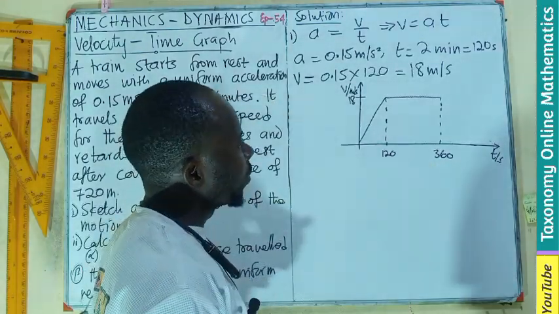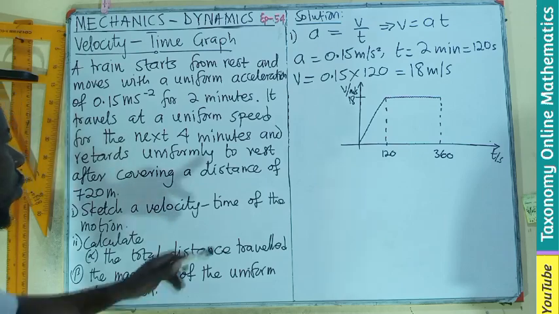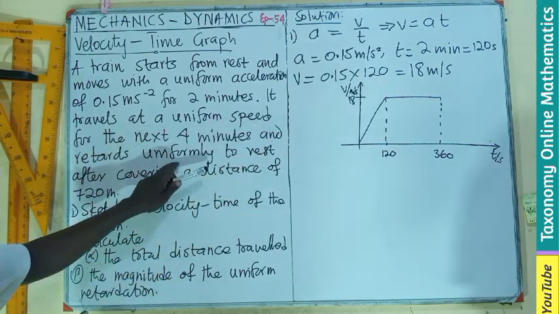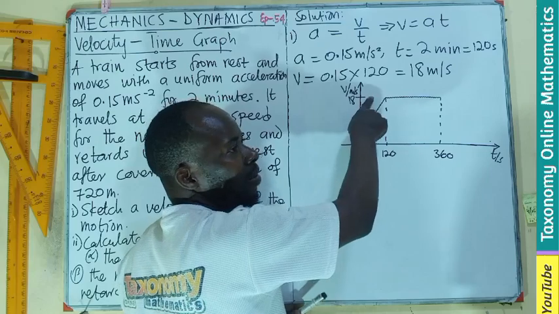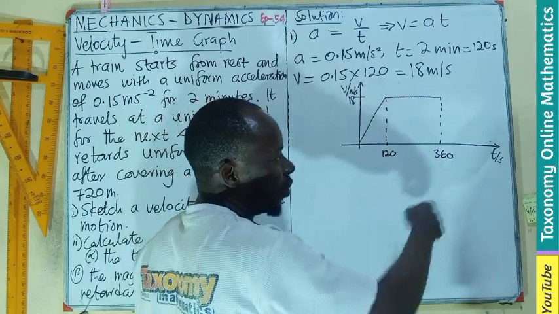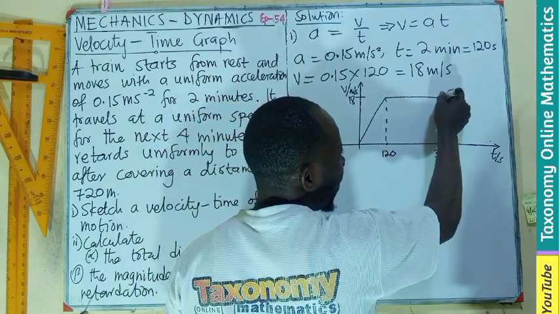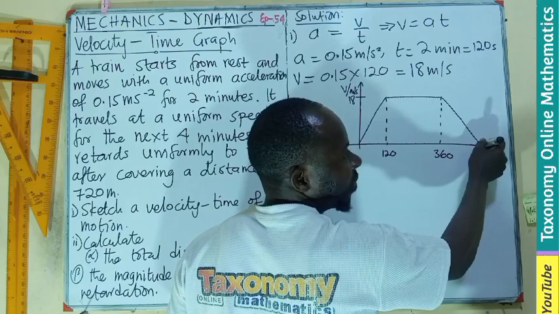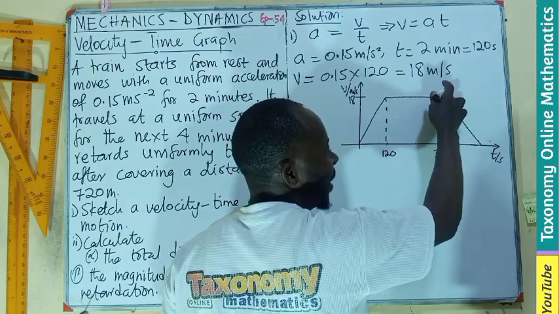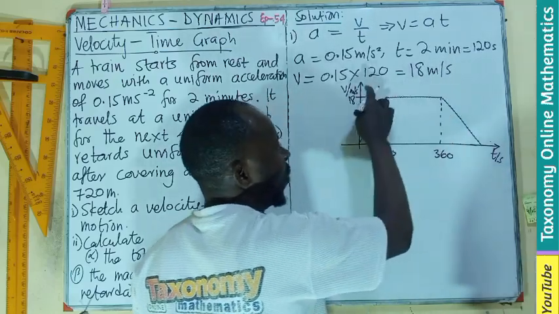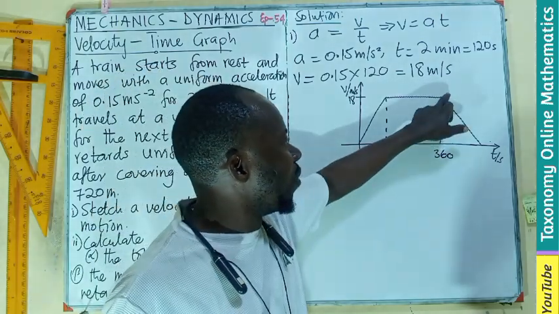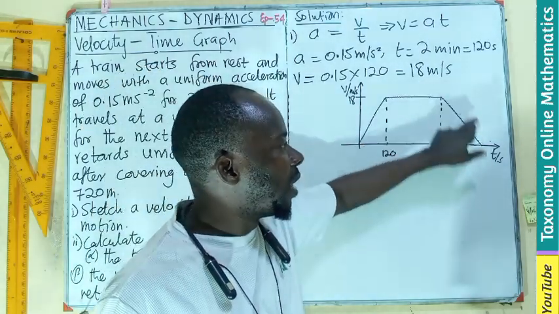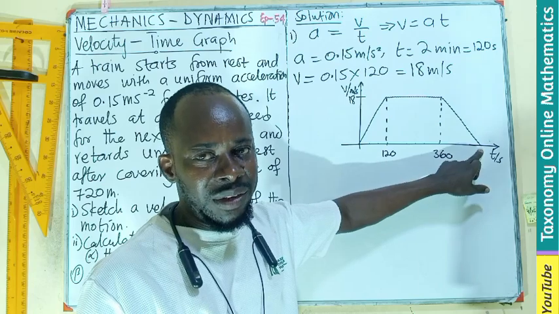Good. So what do we do? We are now going to retard uniformly to rest. So from 18 meter per second, it is now going to decrease all the way to this place. Now we know that the initial velocity, where we are moving from, is 18, and the final velocity is 0.